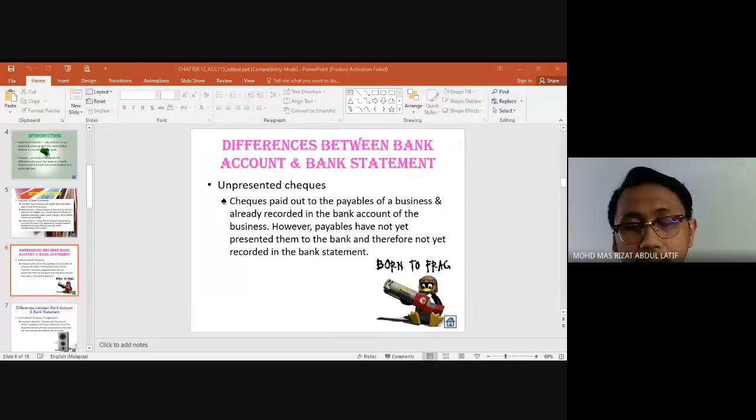So if the amount appears on the credit column in bank statement, supposedly in bank account, dia akan appear dalam debit side. So you refer to your bank account, debit side on the same day, 3rd March, you ada cash deposit 6,000. Betul? Itu adalah pasangan dia. So credit column dalam bank statement akan appear dalam debit side bank account, 6,000.